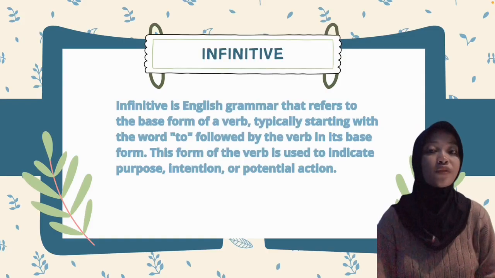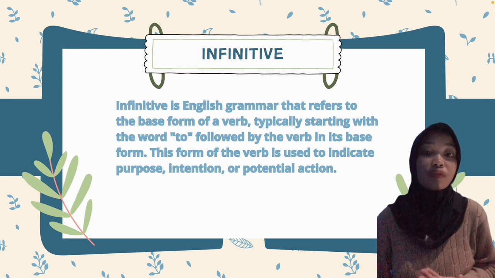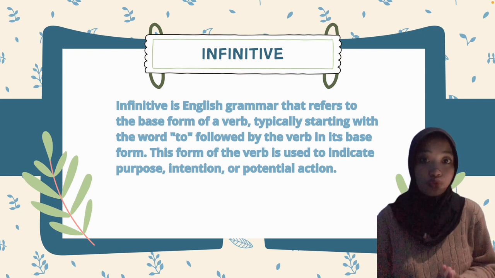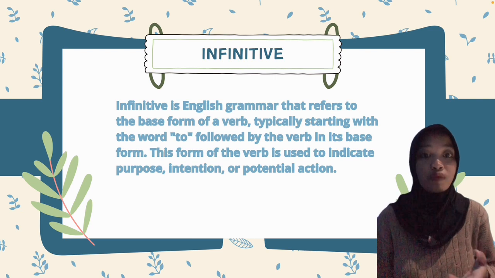Okay guys, my name is Yolis Hafitri. I will explain material about infinitive. So, infinitive is the English grammar that refers to the base form of a verb, typically starting with the word to, followed by the verb in its base form.